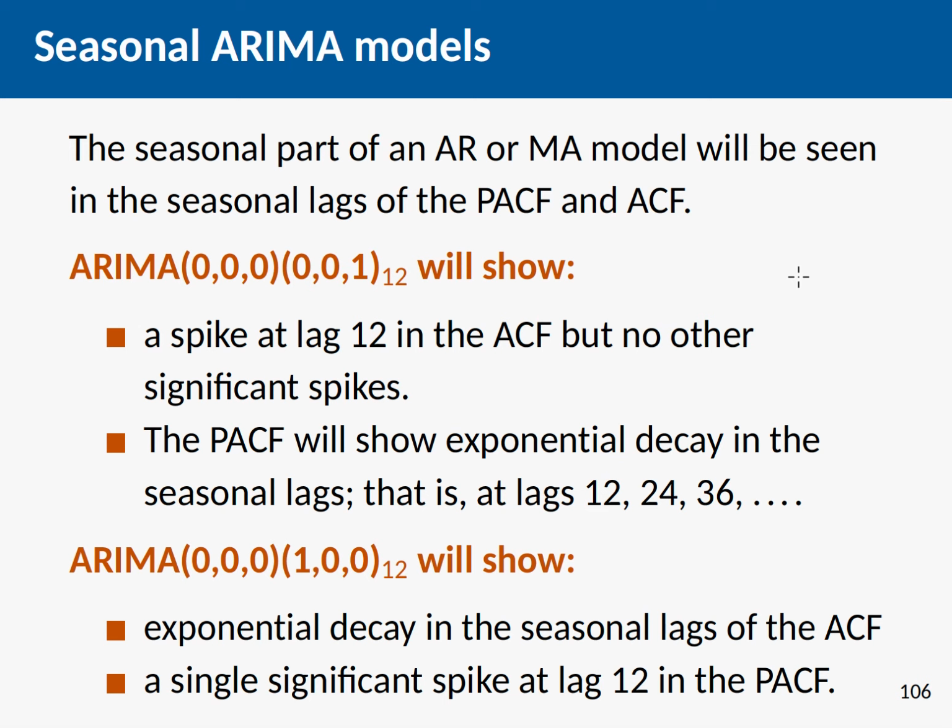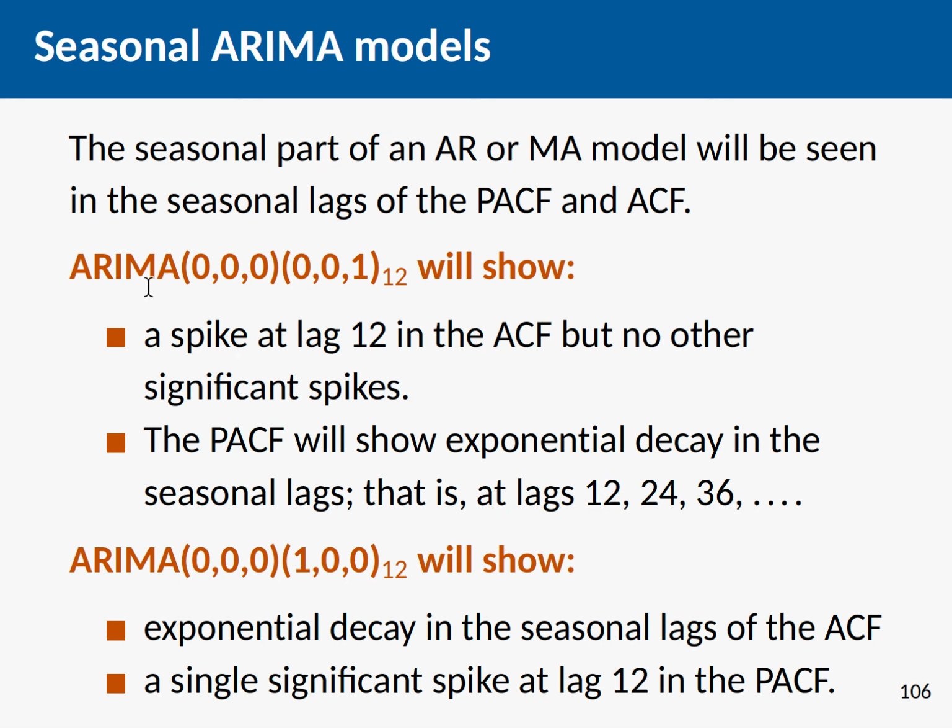Now, just thinking about the seasonal ARIMA models, the seasonal part of an AR or MA model will be seen in the seasonal lags of the PACF and the ACF. So PACF and ACF are very important in determining the lag structure for either seasonal models or for the regular ARMA models.